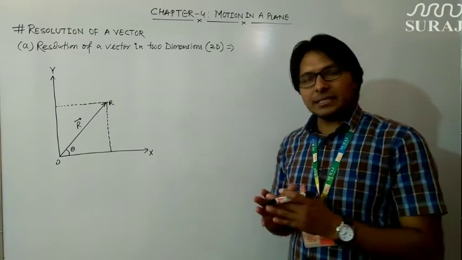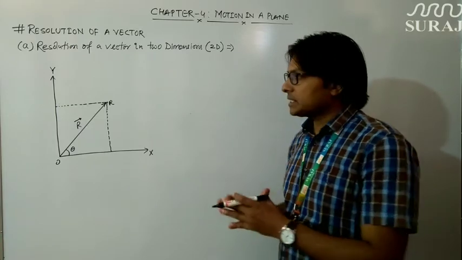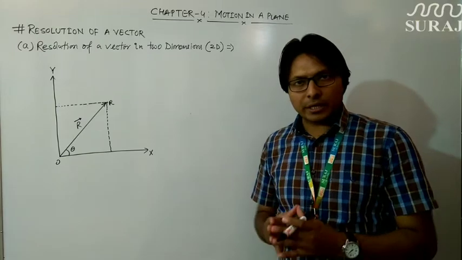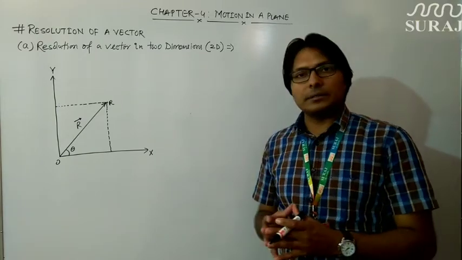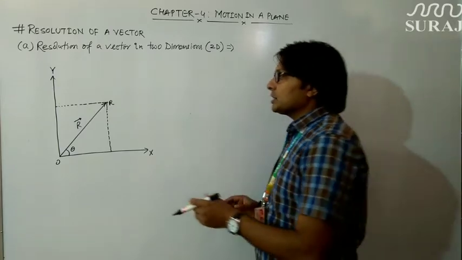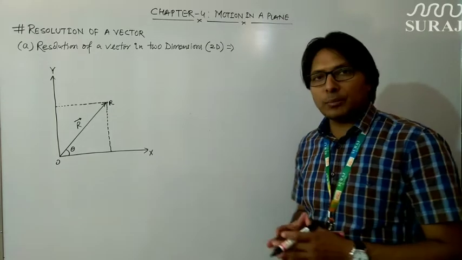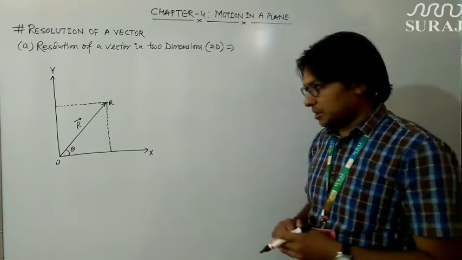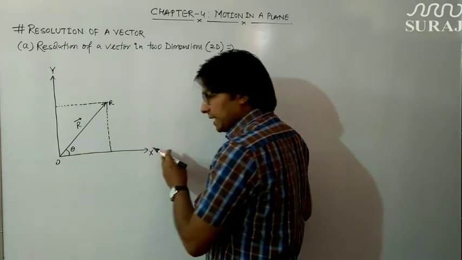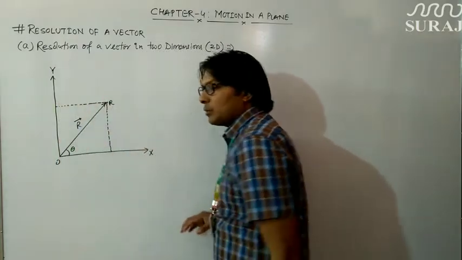If a vector is resolved into two perpendicular components, then those components are said to be rectangular components of that vector, or we can say the rectangular resolution of a vector. So this is r vector which we want to resolve in rectangular components or in two dimensions. First component I am taking in the direction of x-axis, and the second component of this r vector I am taking in the direction of y-axis.